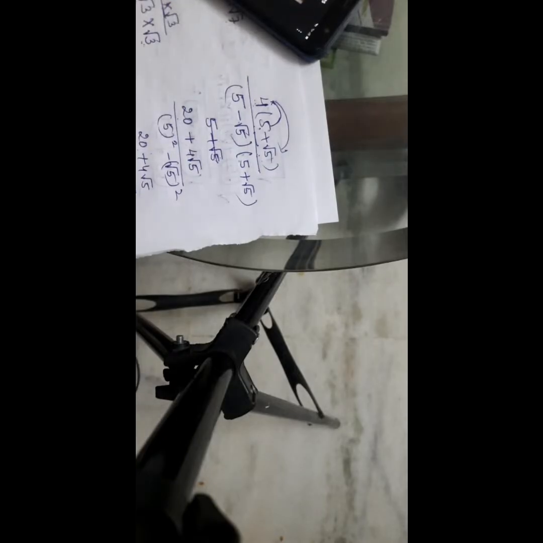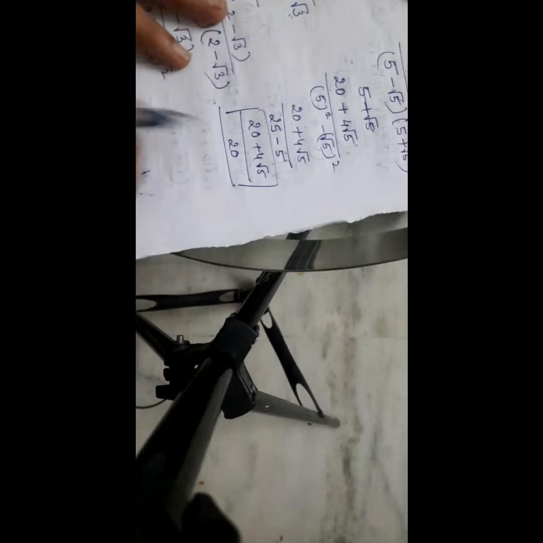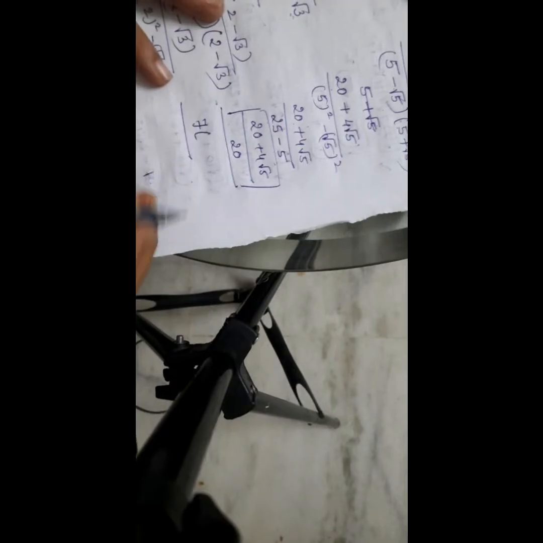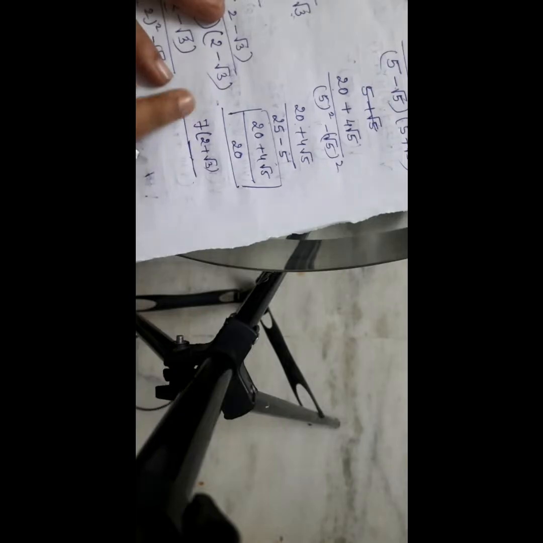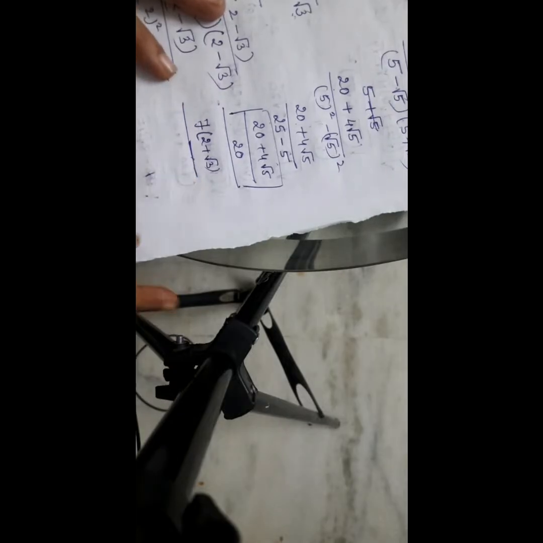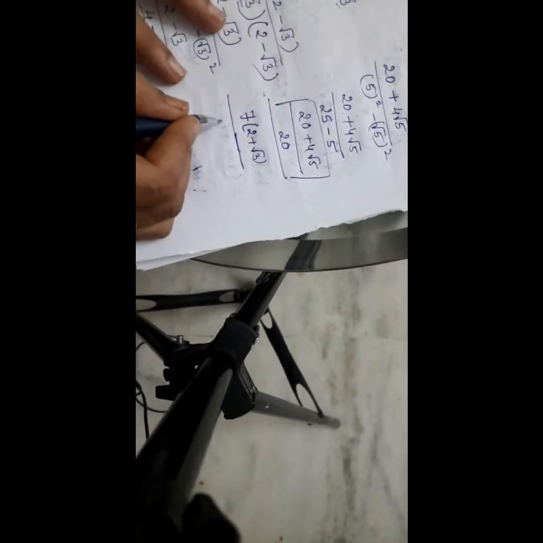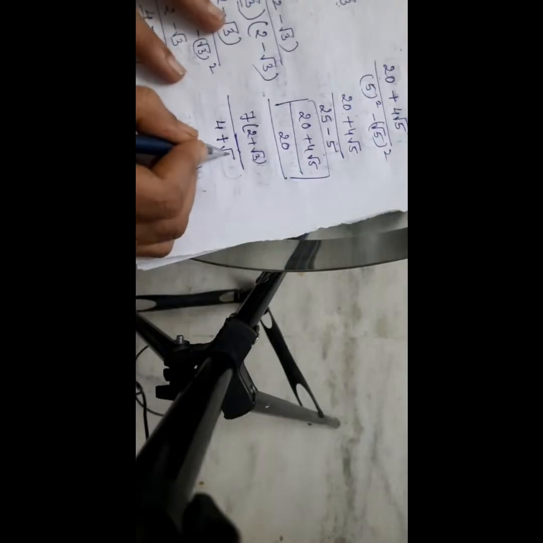The same kind of question, I'll ask one more example to solve. Suppose here 7 is there, and in the numerator one more thing is there, like 2 plus root 3. And in the denominator, there is 4 plus root 5.